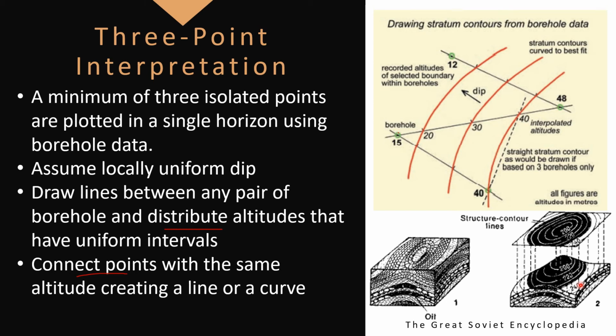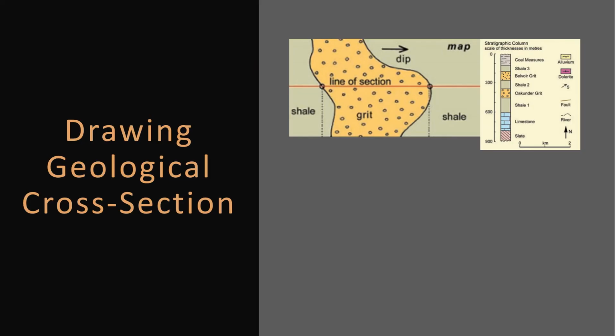The next stage of interpretation shows not only the top view, but also the front view. So let us proceed to the next stage of interpretation. Our next and probably the last stage of map interpretation is drawing the geological cross section.